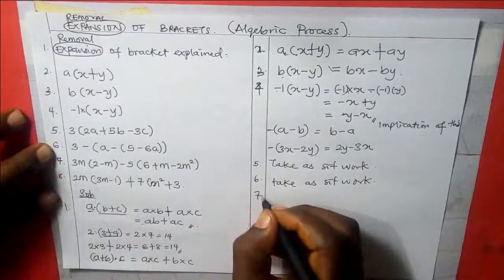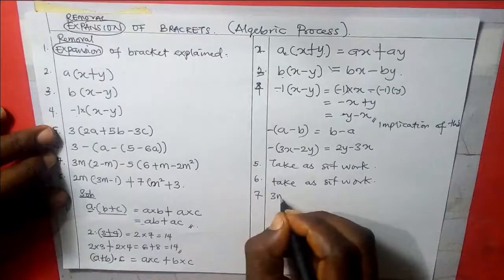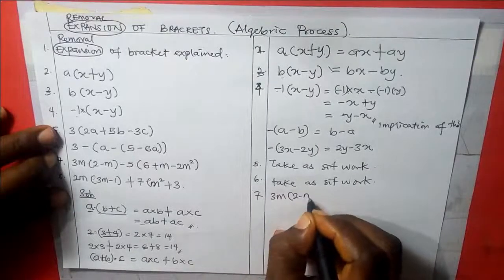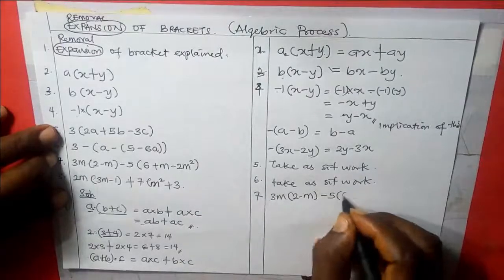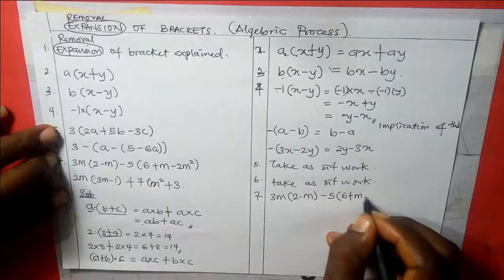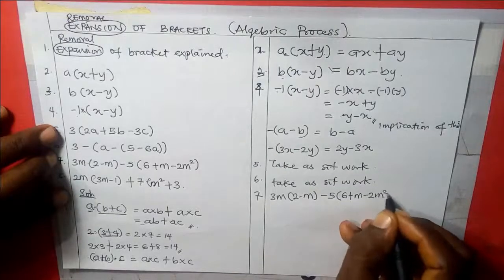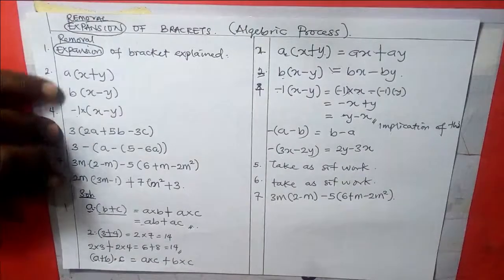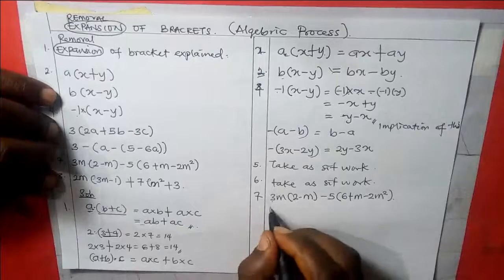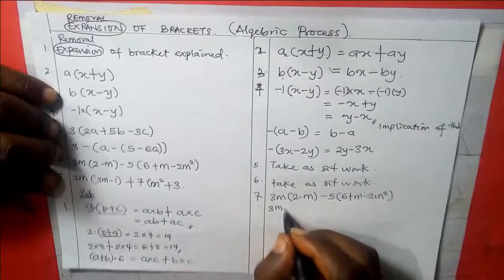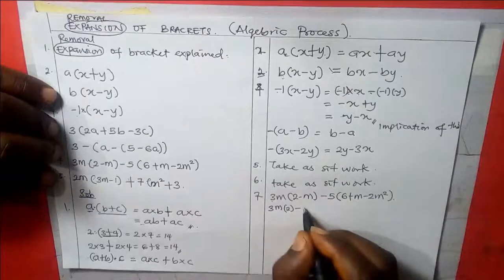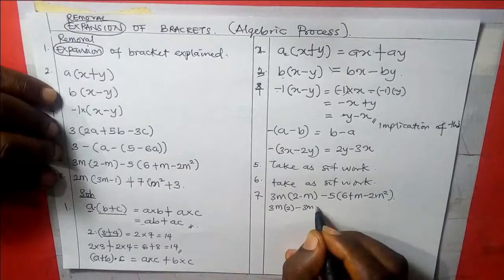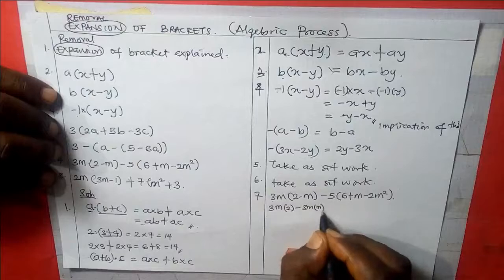Then example 7, you have 3m open bracket 2 minus m, minus 5 open bracket 6 plus m minus 2m square. So how do I multiply this? I will distribute this. So I have 3m multiplied by 2, minus 3m multiplied by m.